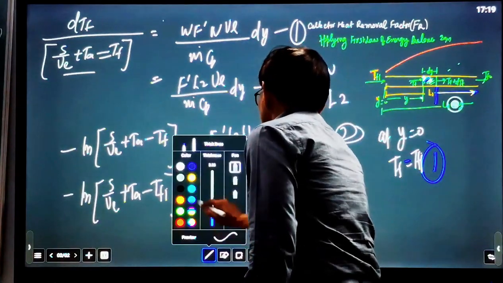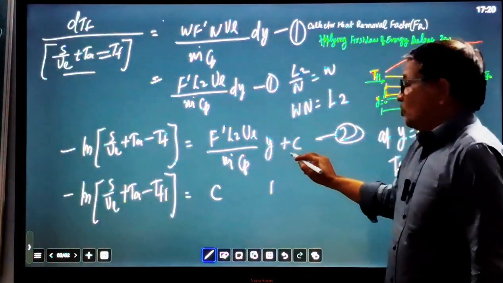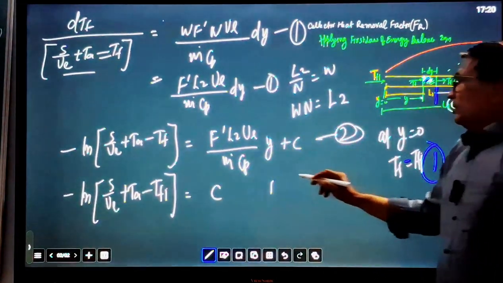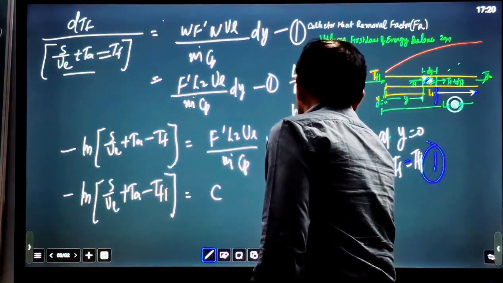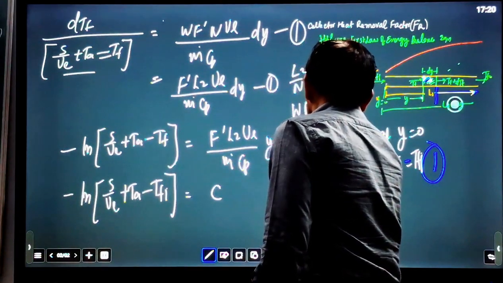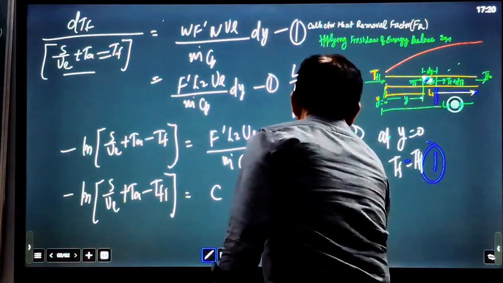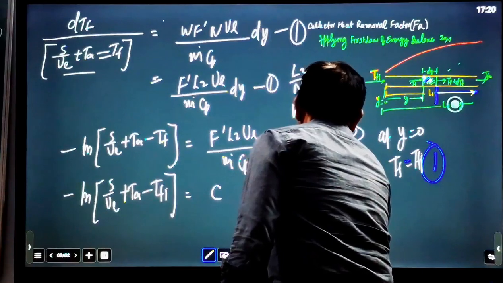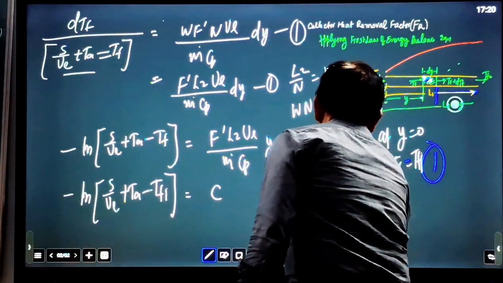Now putting constant C in equation number 2 and balancing this equation. So we get ln[(S/UL + TA − TFI)/(S/UL + TA − TF)].